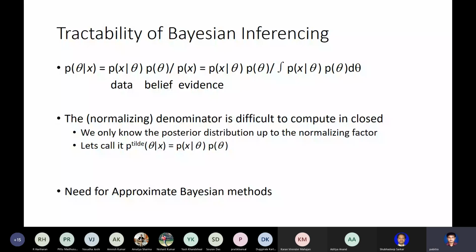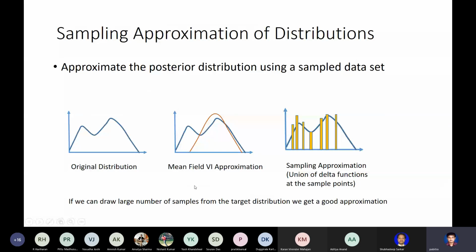Okay, so the second approach is based on sampling. Just to look at things pictorially, this is the original distribution. Let's say it is a complex distribution with say two modes, and this red line is a mean field variational inference approach. If you remember the variational inference approximation, the problem was that the moment you make mean field assumptions, it's difficult to approximate multiple modes.